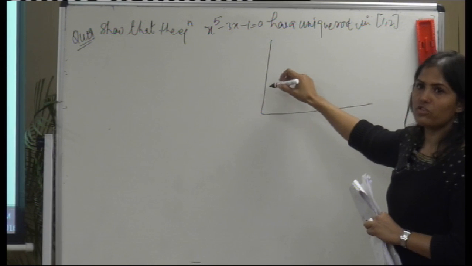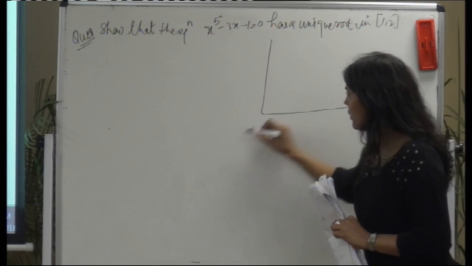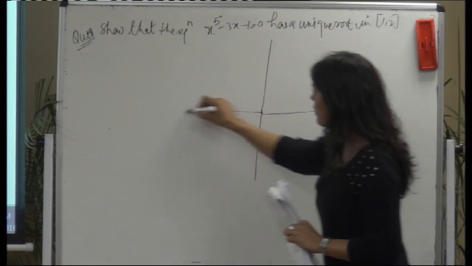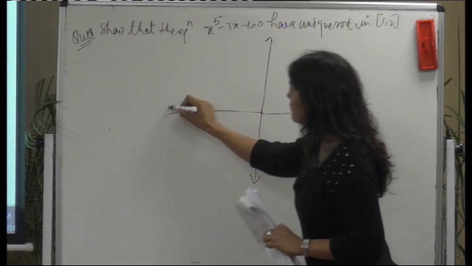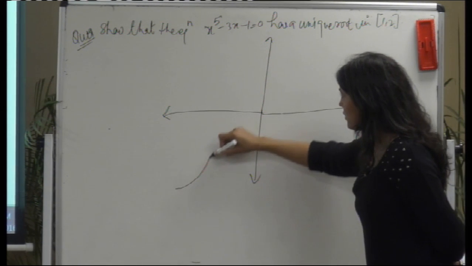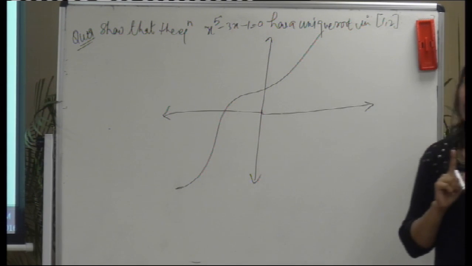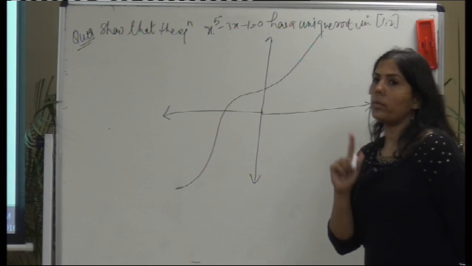If your function is increasing, suppose I'll draw in 2D to clear the point. If your function is increasing, I am taking, okay, I am not taking non-monotonic functions.